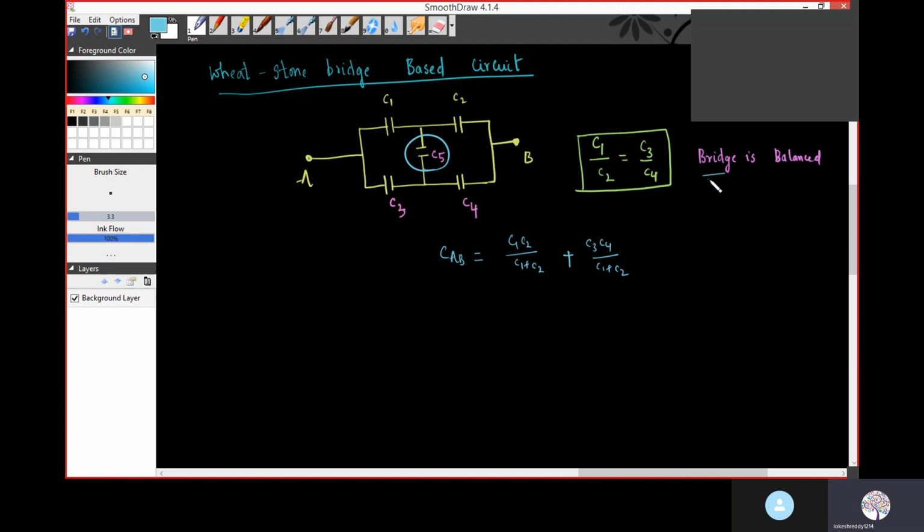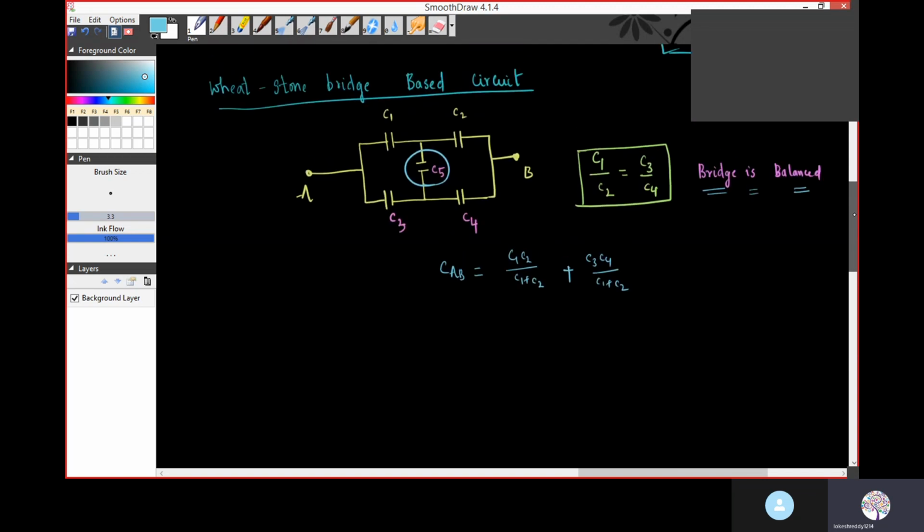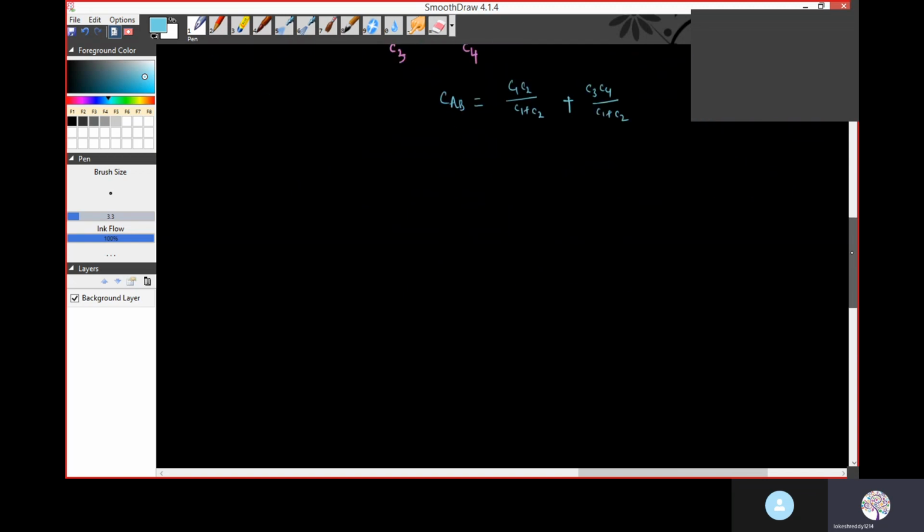That is when the bridge is balanced. When this condition is satisfied, then only you can remove that C5. Okay, right. Next one is infinite chain of capacitors.